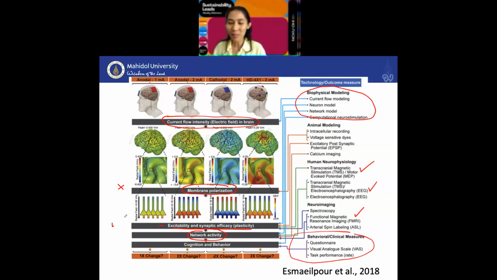You maybe found something at the synaptic level, but not at the behavior level. Maybe it's not enough to change cognition or behavior. All right, so keep in mind that it's not always the same. But at the end, our final goal is to change cognition or behavior. So this is our goal.